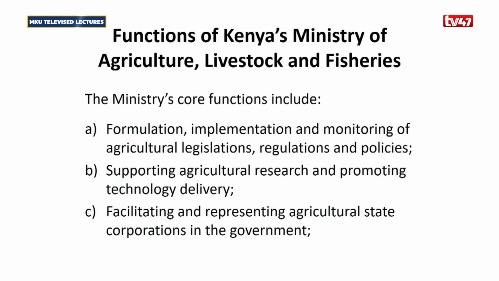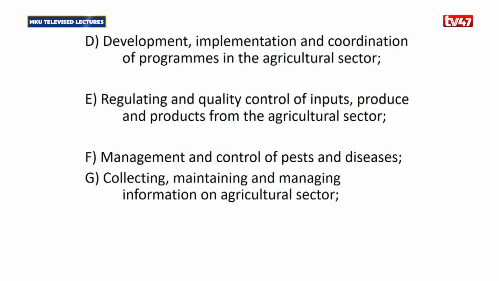Then the third factor of the ministry is to facilitate and represent agricultural state corporations in the government. That goes without saying. Then, fourthly, it deals with development, implementation, and coordination of programs in the agricultural sector.